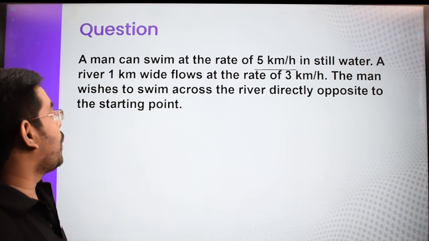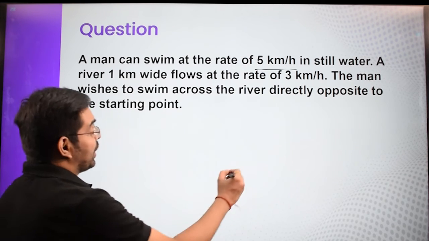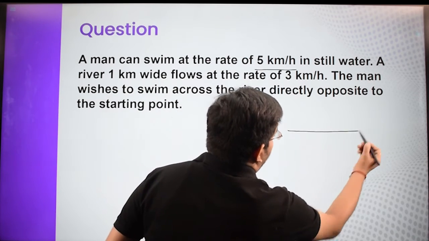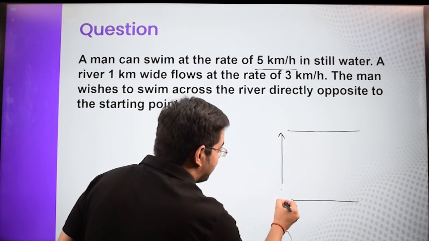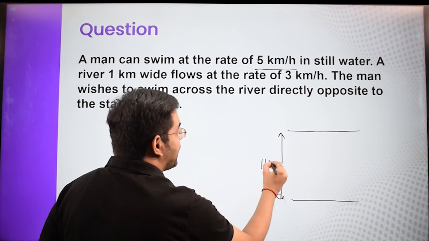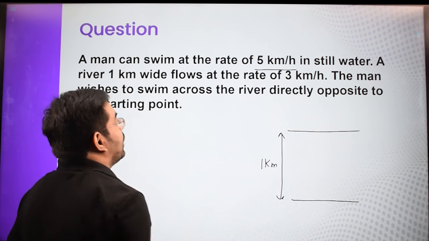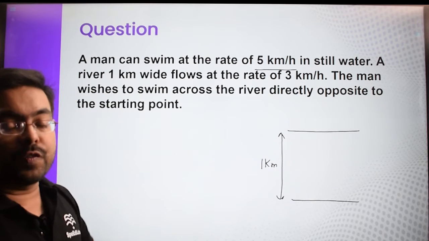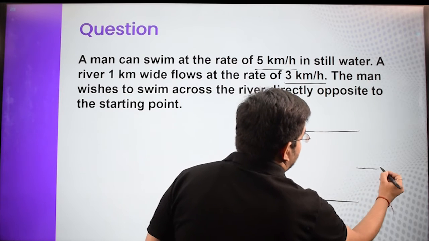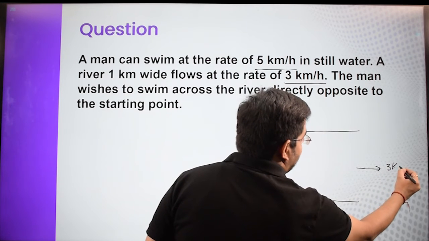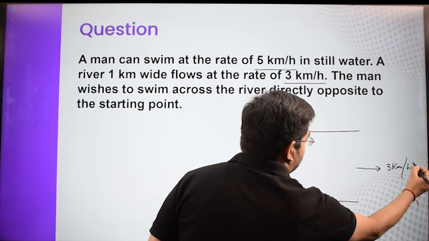A river which is 1 kilometer wide. Suppose this is the river and its width is how much? Its width is 1 kilometer. Okay, it is flowing at the rate of 3 km per hour. So river velocity is 3 km per hour.